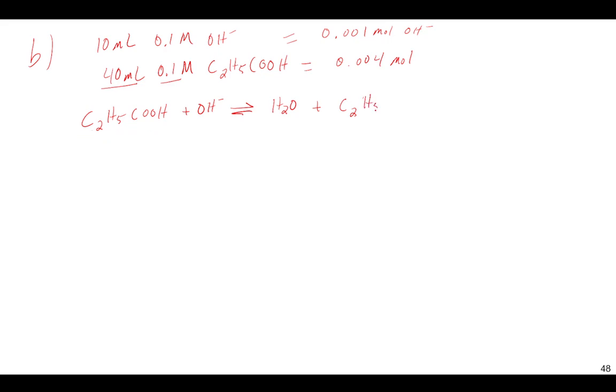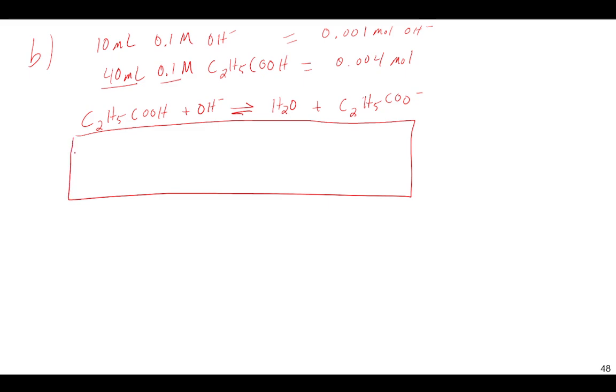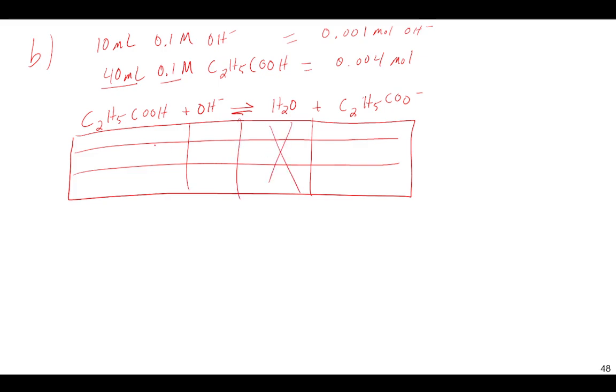So C2H5COO minus. And I can now do an ice chart on this guy. Using the moles of acid and moles of added OH minus, starting with no conjugate base.